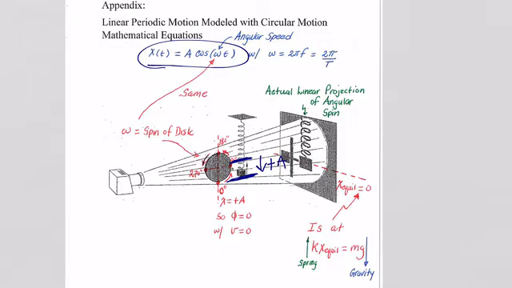So we're going to pull it down. We're going to let that correspond to theta equals 0, when little t equals 0, and we let it go, and it's going to oscillate between positive a and negative a, which is actually going to be up here, and it's going to oscillate back and forth.